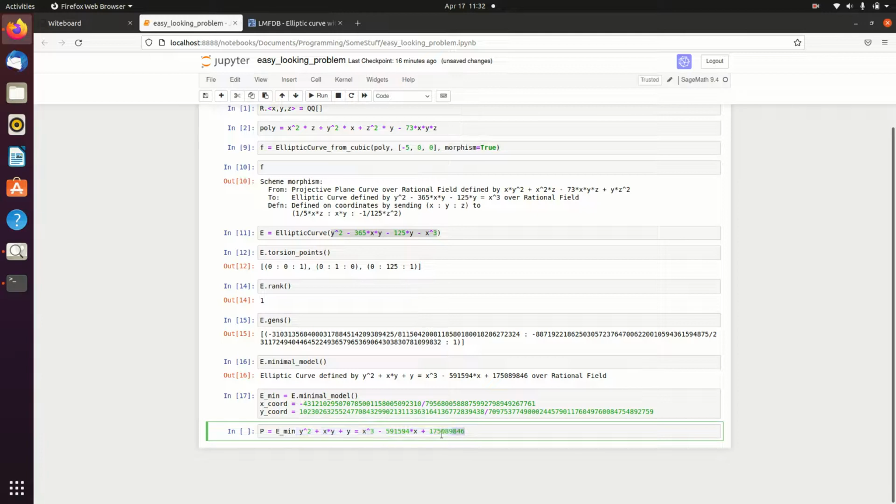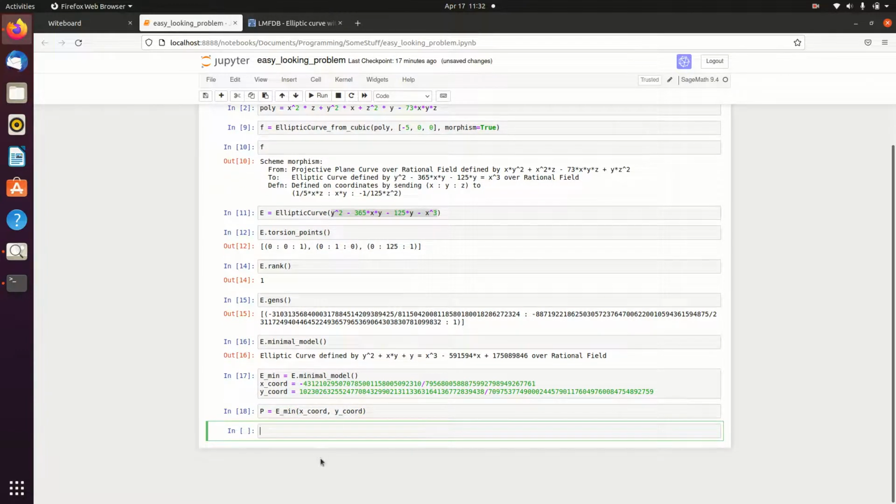Oops, I didn't want to copy anything. So that's that, and then that's our point. And it's also a generator of this rank 1 subgroup. It should be on the curve, and it is. Otherwise, we would have an error message here.